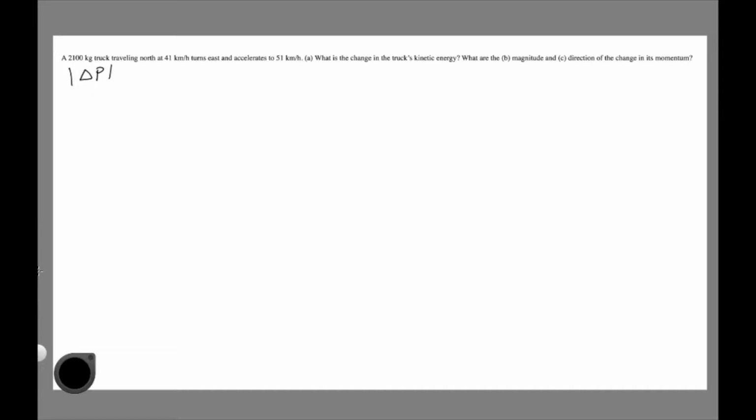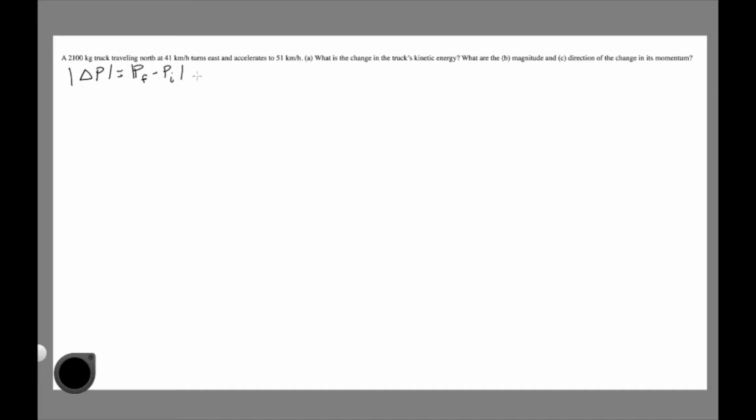So we know that change in momentum is going to be the object's final momentum minus the object's initial momentum, right? And so we also want to take the magnitude of that. And we know that momentum is equal to mass times velocity, right? The object's mass times the object's velocity.